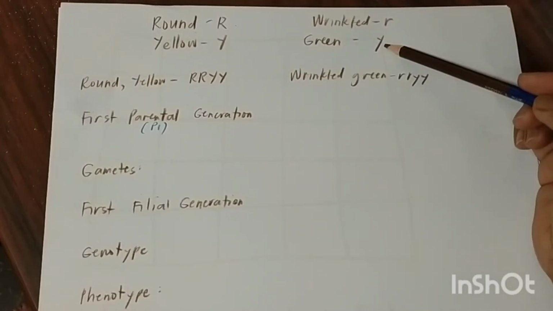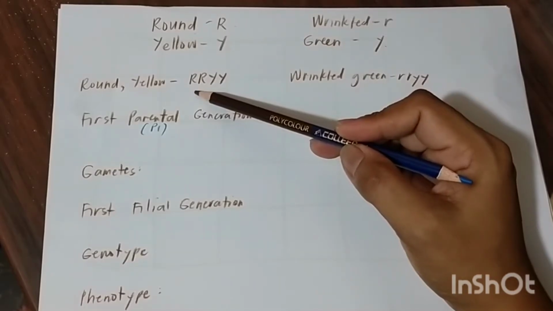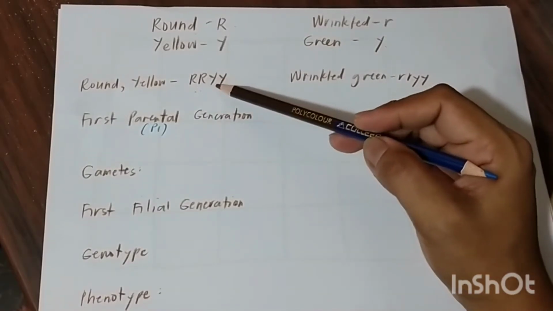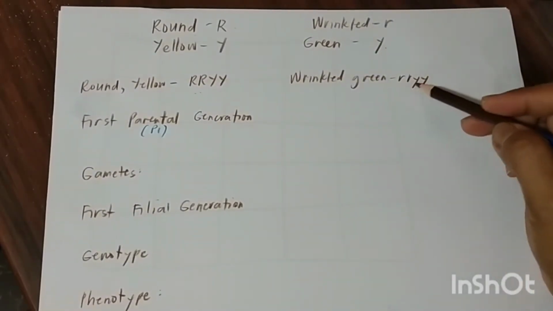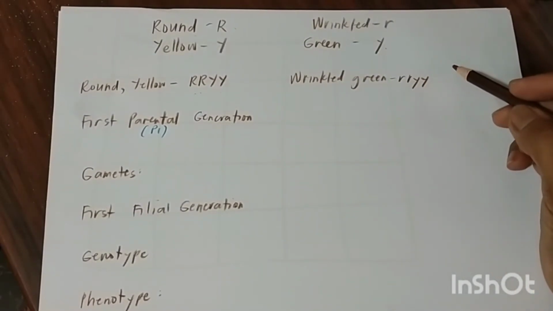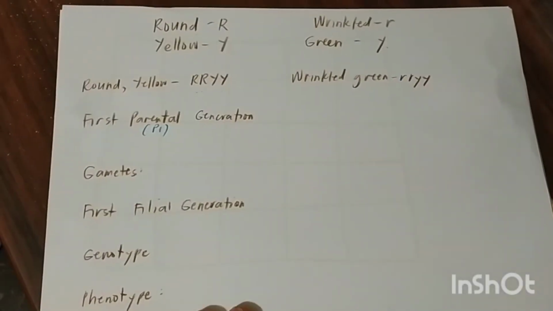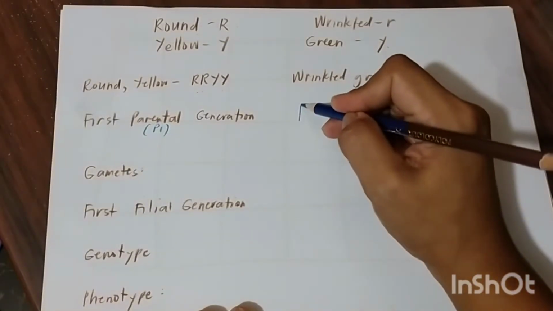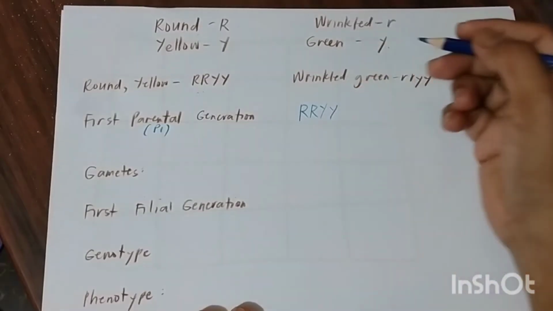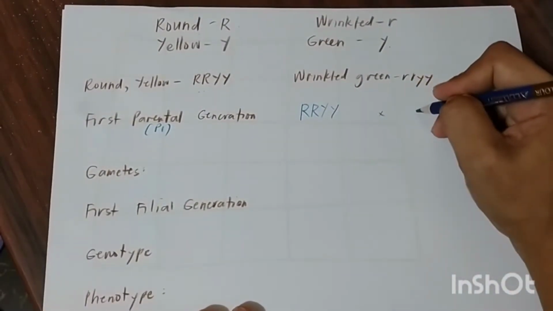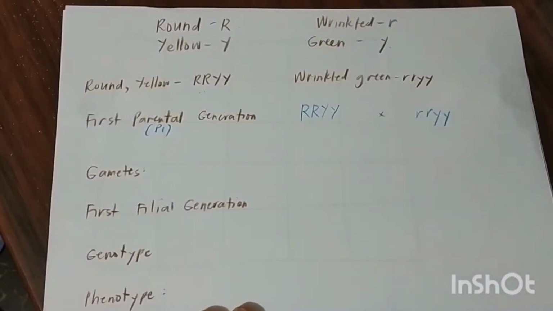For pure breeding round yellow seed, we have the genotype capital RR, capital YY. For the wrinkled green, we have small letters rr, yy. For our first parental generation, we have RRYY, which are both capital, and small letters rryy.